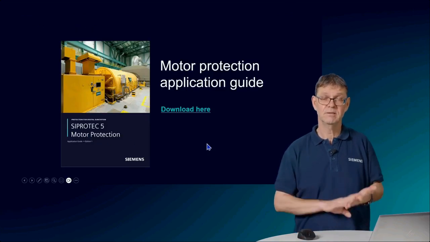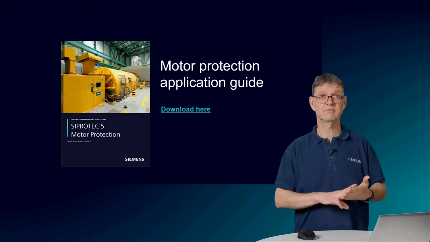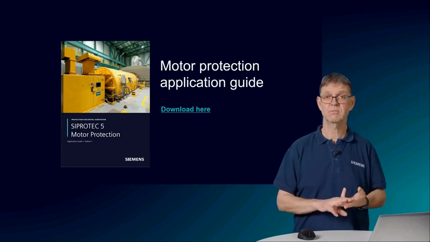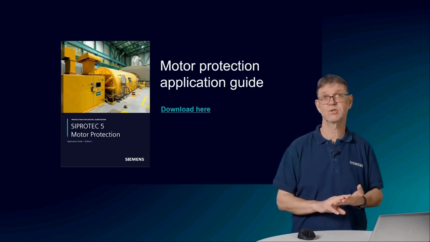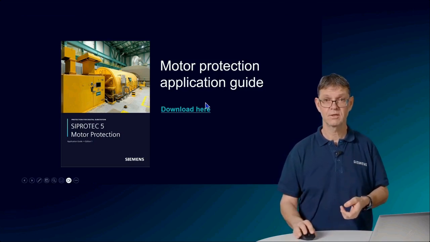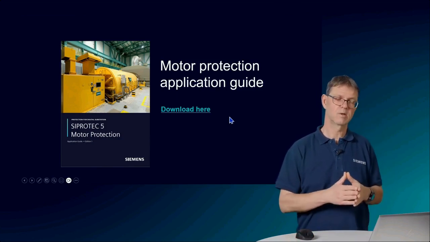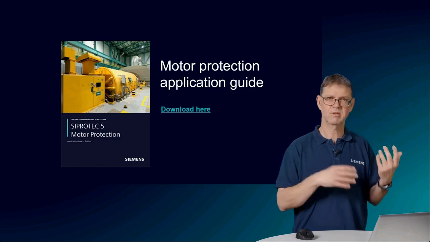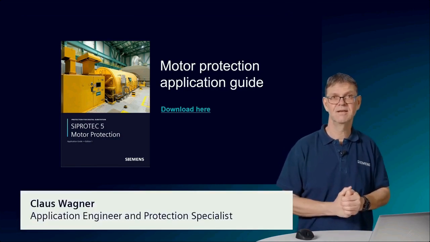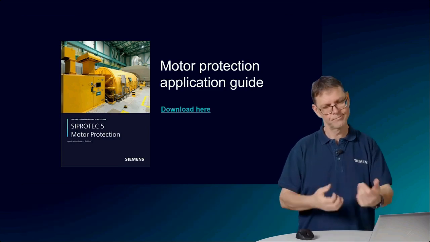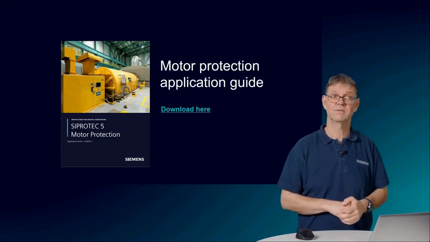Okay, finally, I would like to mention that we have more information for you. We wrote a motor protection application guide, which you can download here under this link if you get the documentation. It's a booklet which has approximately 80 pages. There is much more information than I could convey to you now in this webinar.